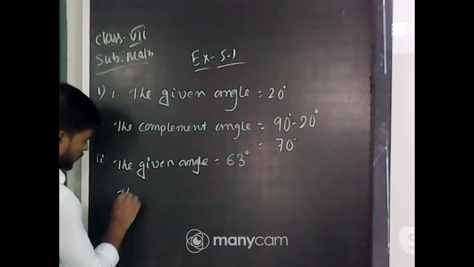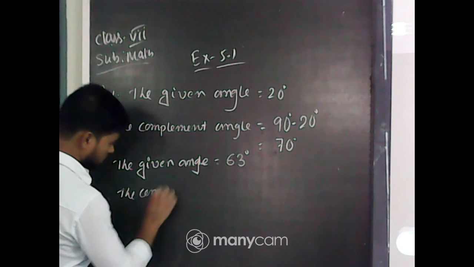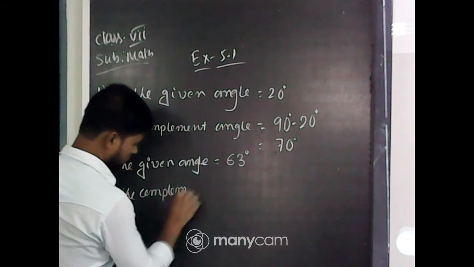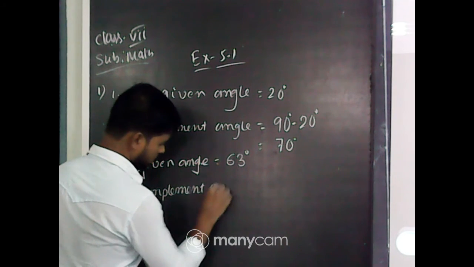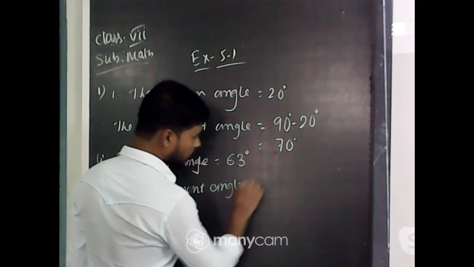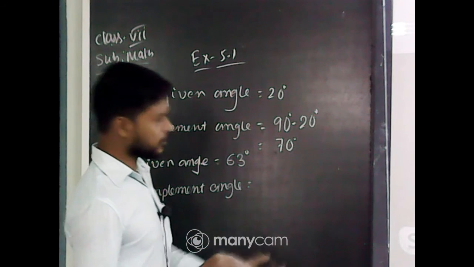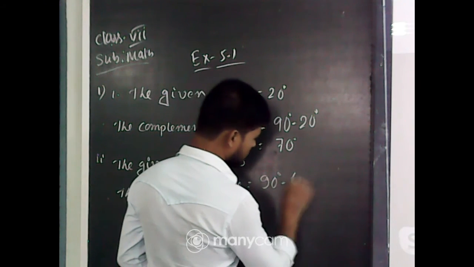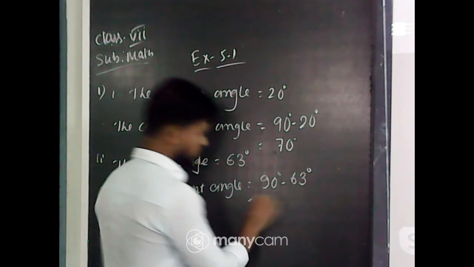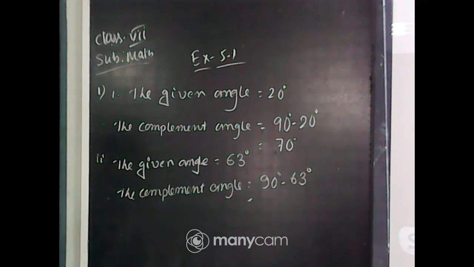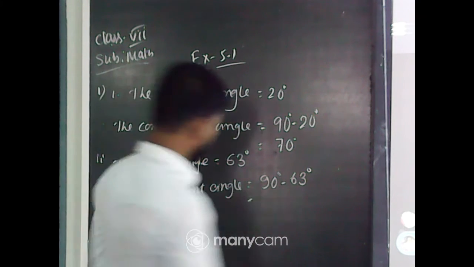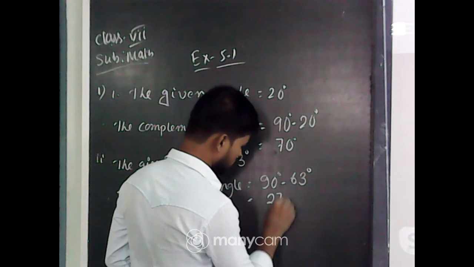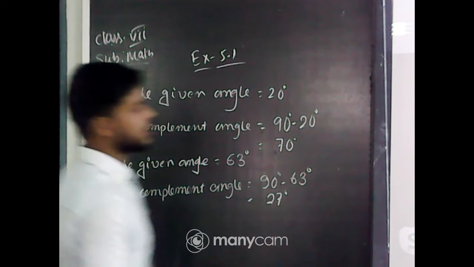The formula is to subtract the angle from 90. So 90 degrees minus 63 degrees. Subtract it. Yes, that is 27 degrees. So 27 degrees is the answer.